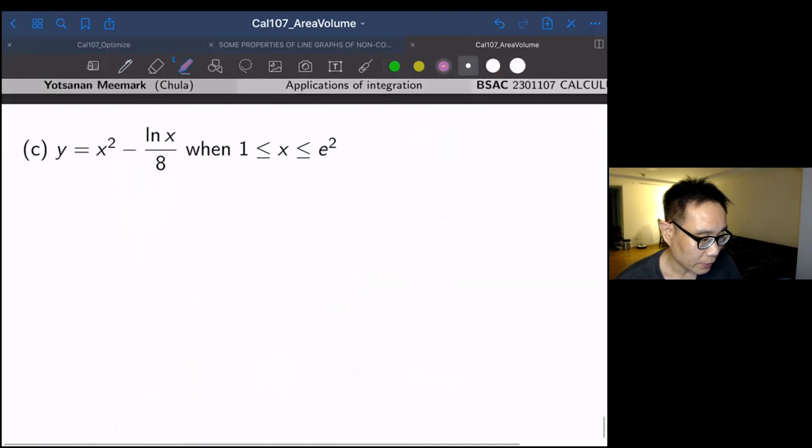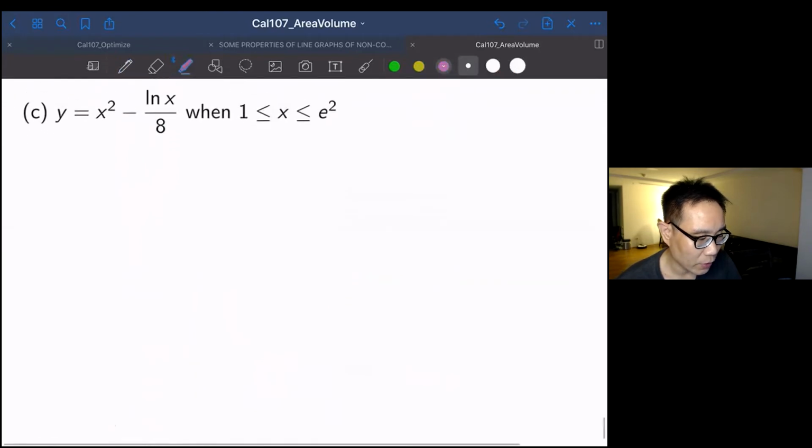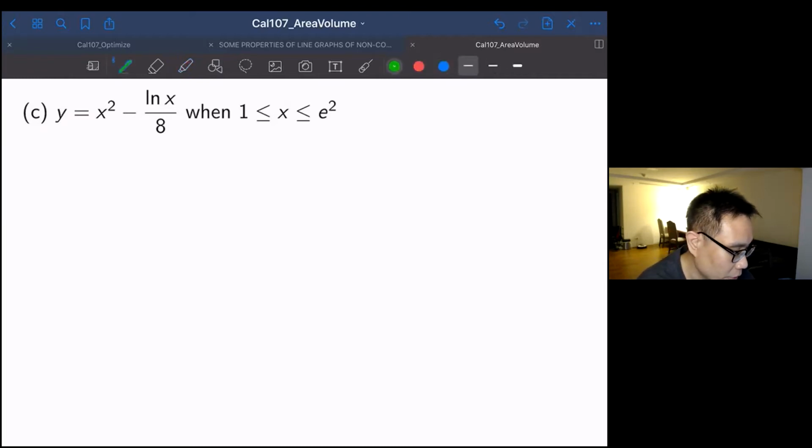The next one, you have y equal to x squared minus log x over 8, and x between 1 and e squared. In this case, you have to compute y prime.